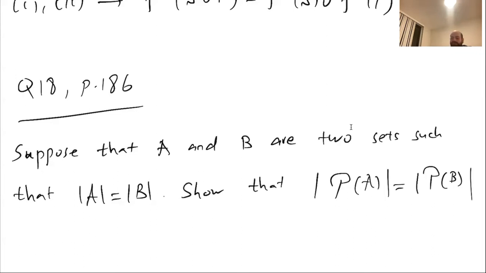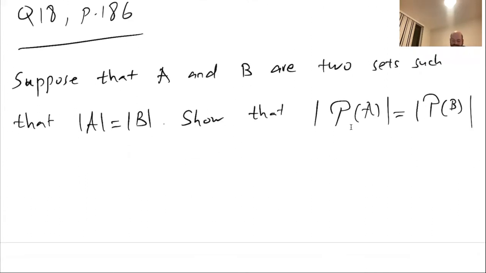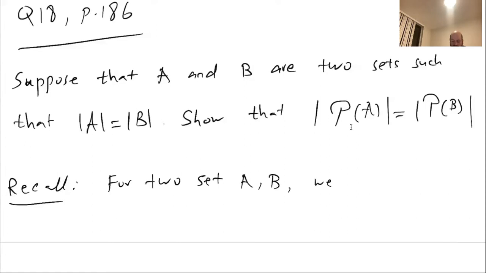So please recall, when can we say that two sets have equal cardinality? Recall, for two sets A and B, we have cardinality A equals cardinality B if there exists a bijection.